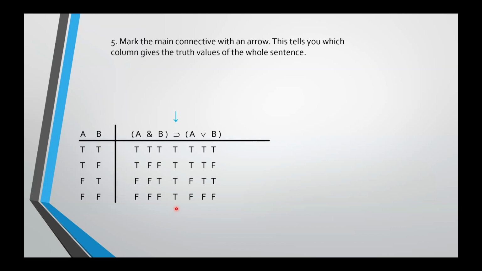So this is a logical truth. This is something that cannot fail. There's no possible combination of truth values where this turns out to be false. So what you're looking at here is actually a logical truth. If A and B is true, then A or B is true. Okay.